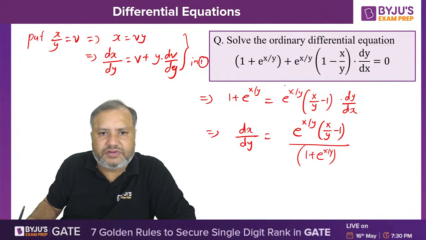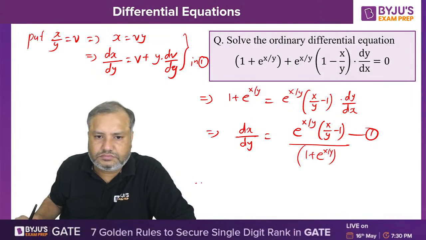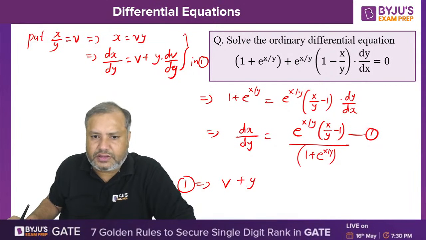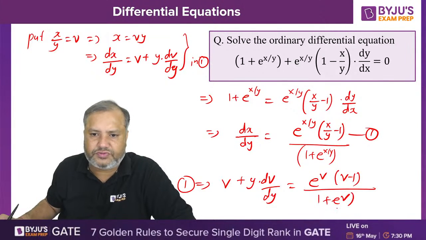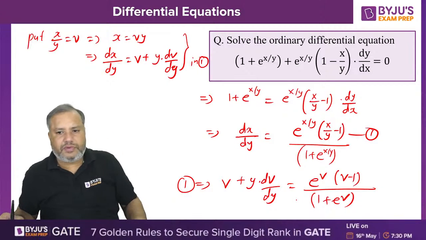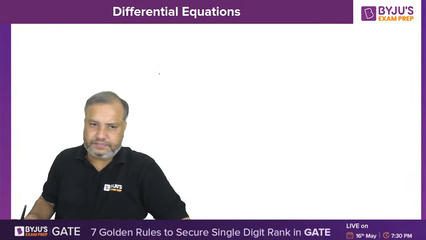Put this in this equation 1. So v plus y dv by dy equal to e raised to v minus 1 upon 1 plus e raised to v. Now what can be done? Separate the variables.